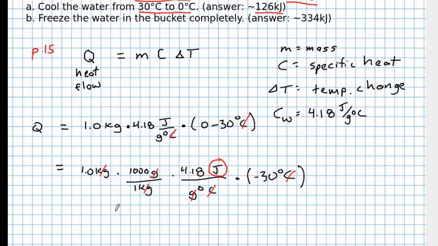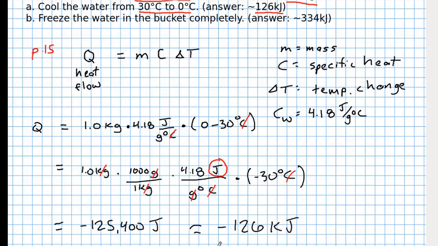Come back over here and write that down. So that equals negative 125,400 joules. And let's think about that for a second and compare it to the answer up here. This has 126 kilojoules. 126,000, so that's rounded a little bit. So that's about negative 126 kilojoules.